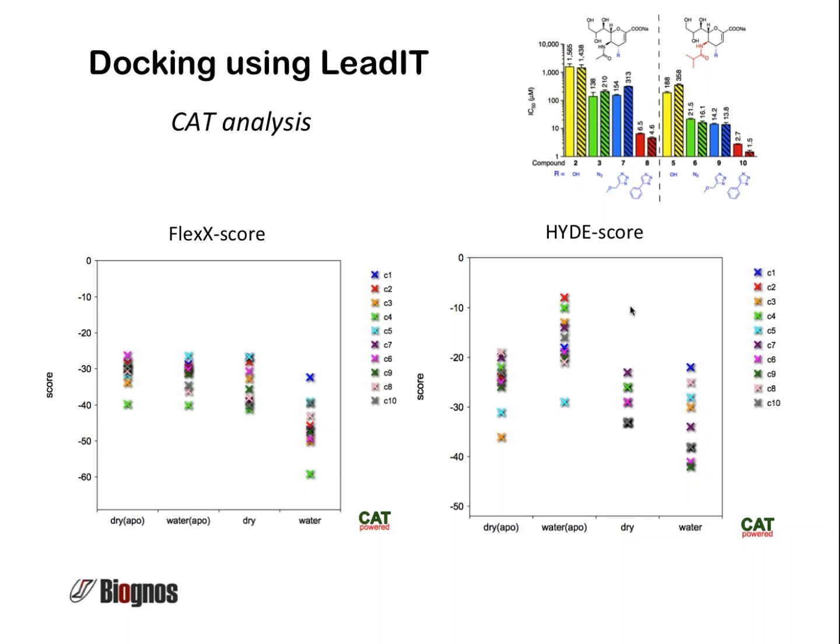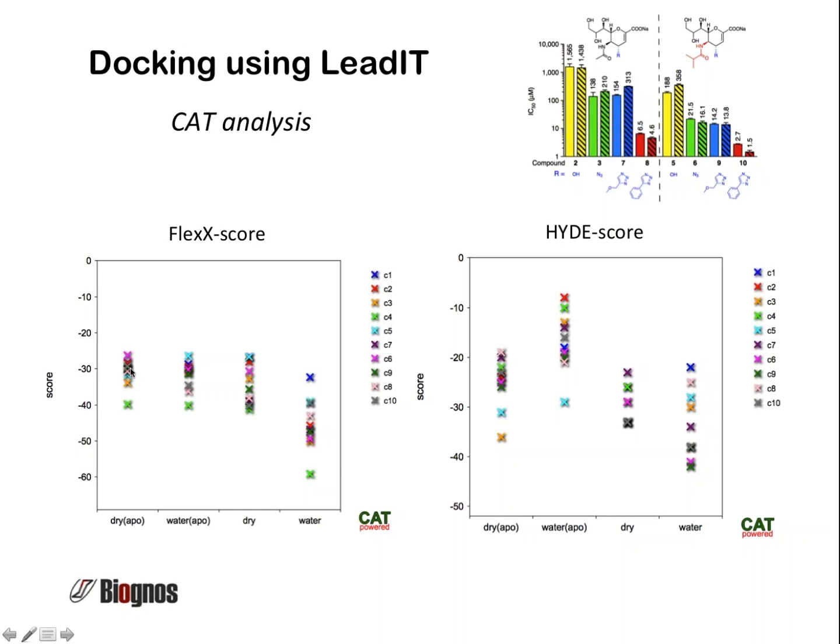There are also many crystal structures available of parainfluenza hemagglutinin neuraminidase, so I picked one that is an APO structure that has no ligand in it. So I was interested, how does the selection of the waters, yes or no, and also how does the selection of the receptor influence the result of the docking. So in each of these four receptors, the compounds from the paper were then docked.